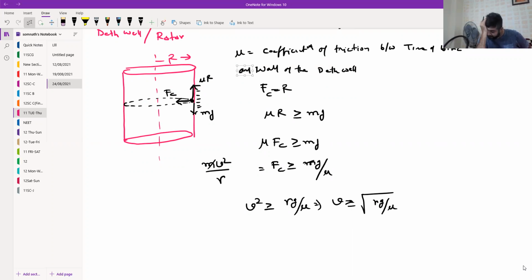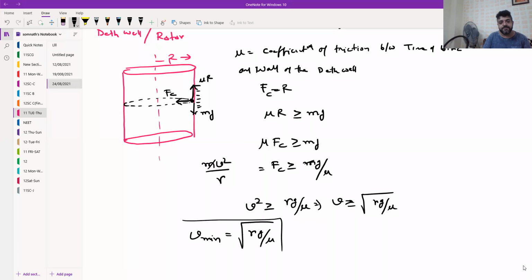If you move faster than the minimum speed, it's okay, no problem, but you must at least maintain the minimum speed. So that's why here we equalize to the minimum speed, that is root of rg by mu. Okay, everyone understand?